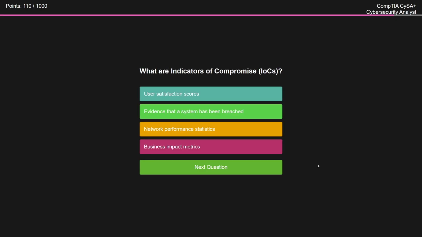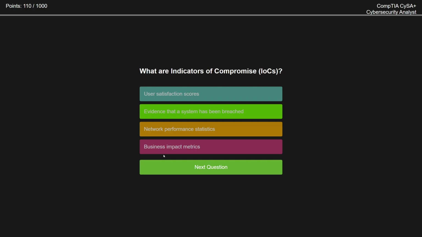What are indicators of compromise? User satisfaction scores, evidence that a system has been breached, network performance statistics, or business impact metrics. I already know which one this is. It's going to be evidence that a system has been breached, because a lot of the times you're trying to figure out how the actual thing was exploited, right?